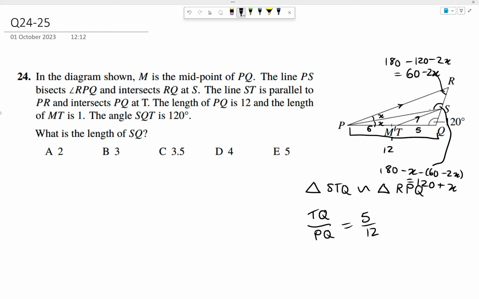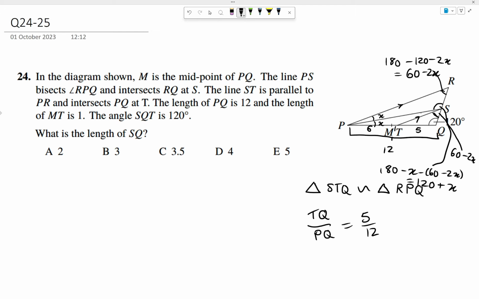And then we're going to use the fact that the two triangles are similar to say that this angle, the angle over here, which is QST, is equal to angle QRP because of similarity. So that should be 60 minus 2x.